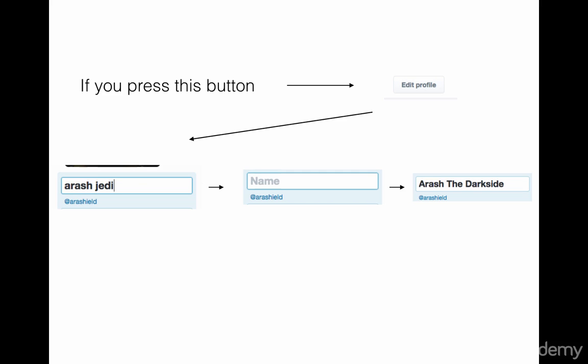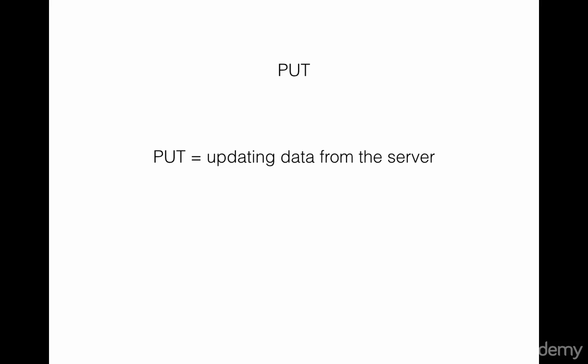So what kind of HTTP method do you think it is using? It is using put. Put is basically kind of the same as post, but the difference is that it is replacing the data in the database with the new data that you have sent.